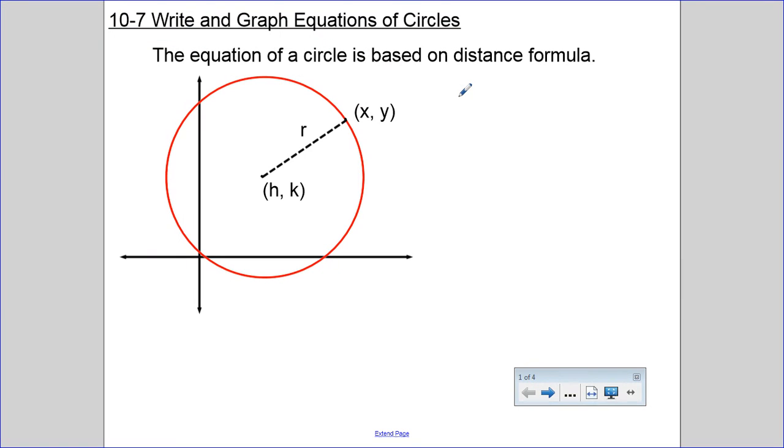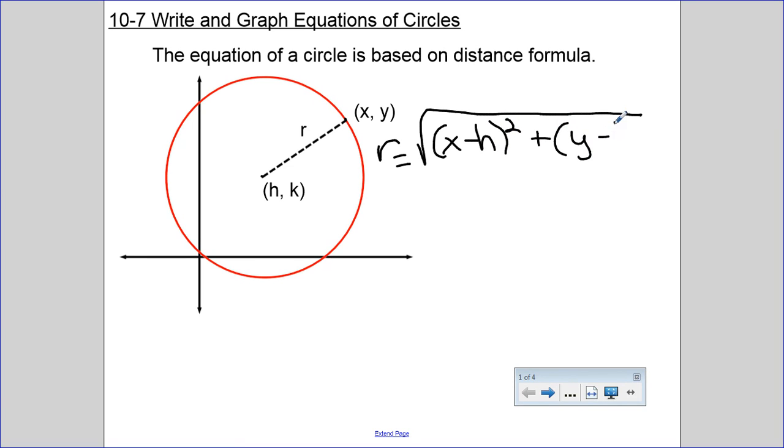Let's see exactly where this came from. Well, it came from the distance formula. If I were to find the length of the radius using a point (x, y) on the circumference and the center (h, k), the radius would be the square root of (x minus h) squared plus (y minus k) squared.